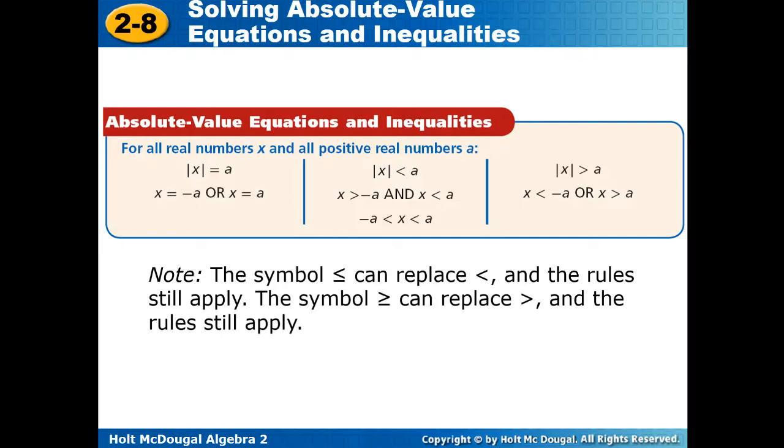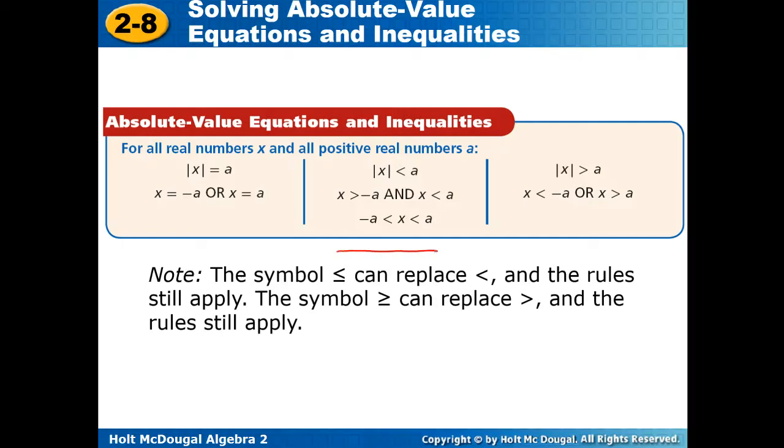All right, here it is written a different way for you. If absolute value of x equals a, that means x is going to either equal -a or x is going to equal a. Next one over here, when absolute value is less than a, we're going to use an and sign. So x is going to actually be greater than negative a, and x is going to be less than positive a.